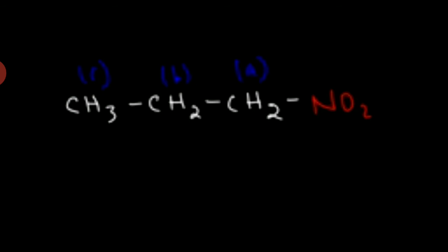Now as we have seen earlier, the electron withdrawing group has a deshielding effect. So now just try to figure out that among these three protons A, B and C, which will appear at upfield and which will appear at downfield region.